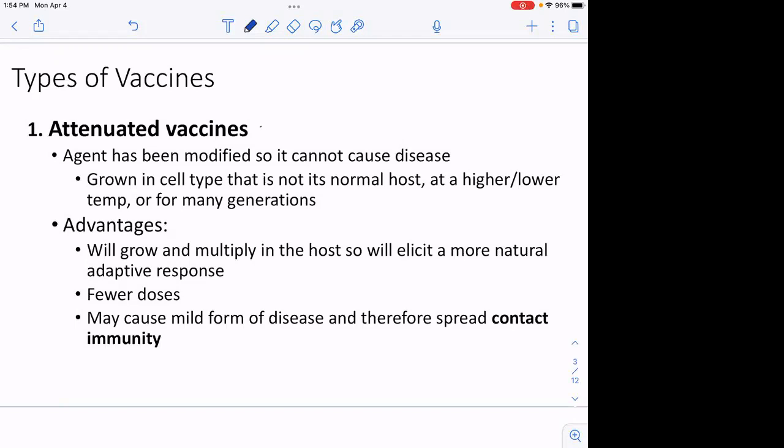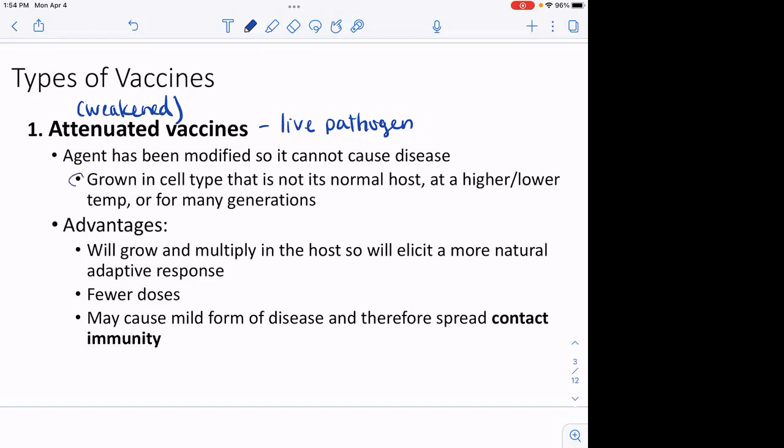And that means that they contained a live pathogen, but attenuated means weakened. So some kind of weakened strain so that it couldn't cause full-blown disease. So that agent, whether it's a virus or a bacteria, has been modified a little bit so it's not as infectious. How do we do that?